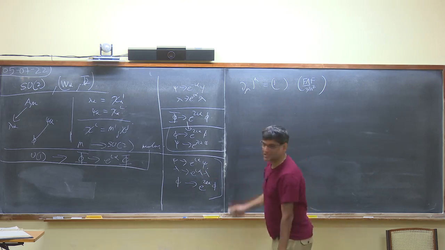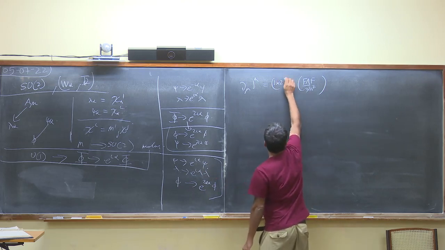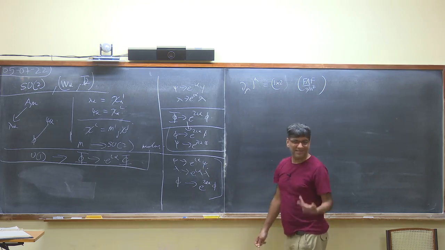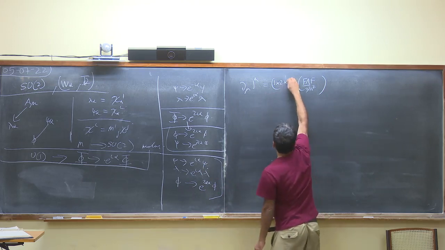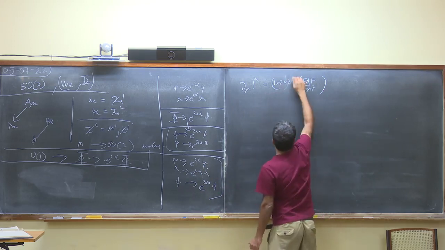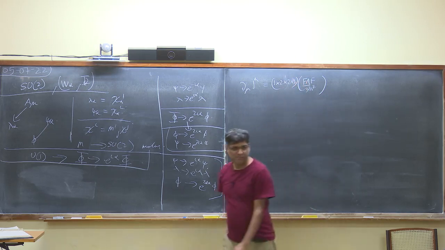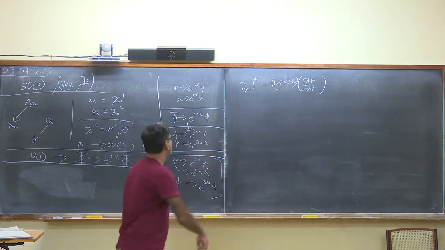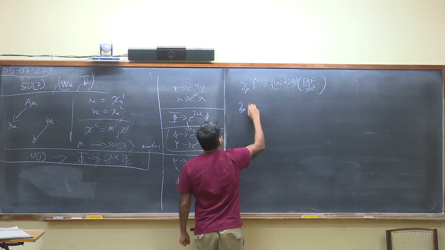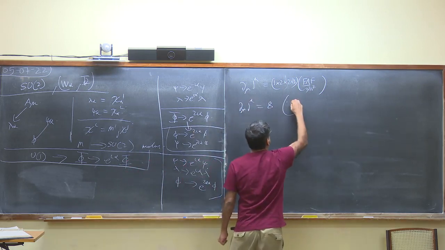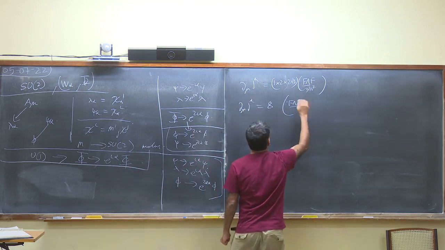Then there are two such chiral fermions, so there's 2, and then they're in the adjoint, so we get 2n. But n was 2, so that's 8. So we got del mu j mu is equal to 8 times f wedge f by 32 pi squared.